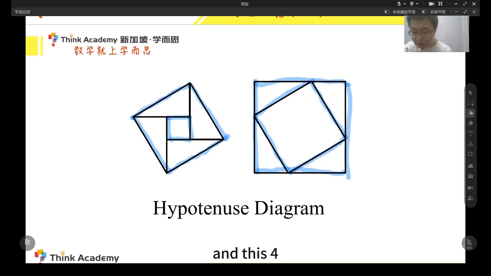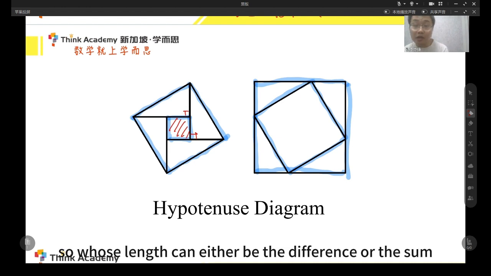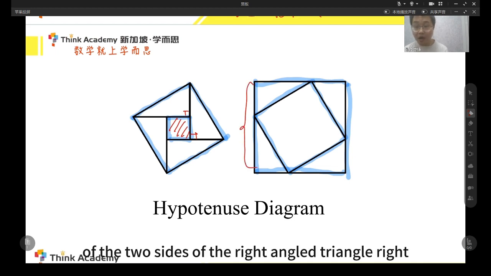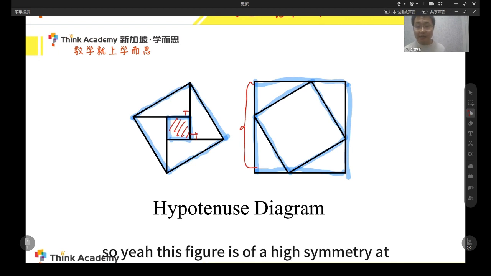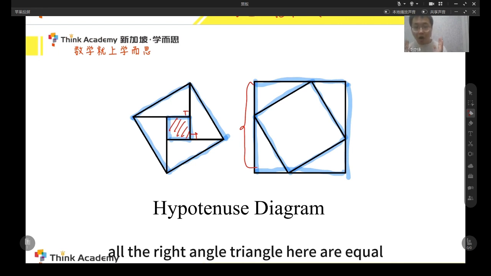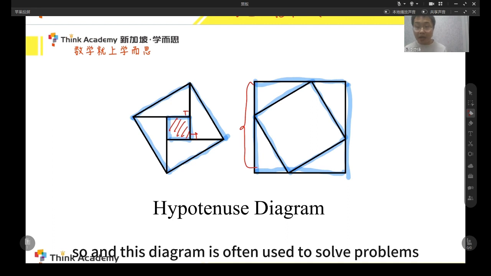And these 4 identical triangles form another square, whose length can be either the difference or the sum of the 2 sides of the right angle triangle. This figure has high symmetry as all the right angle triangles here are equal, and this diagram is often used to solve problems.